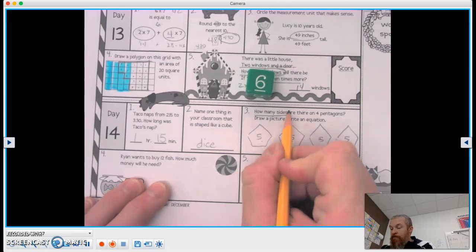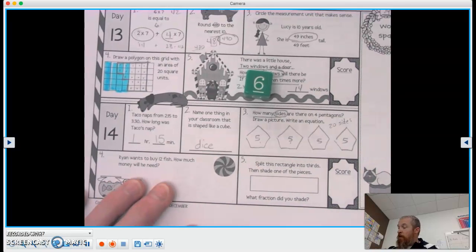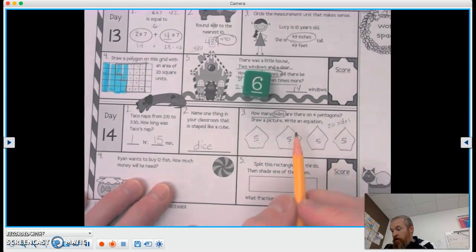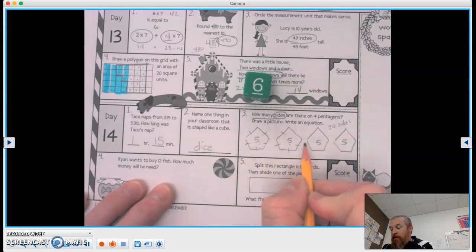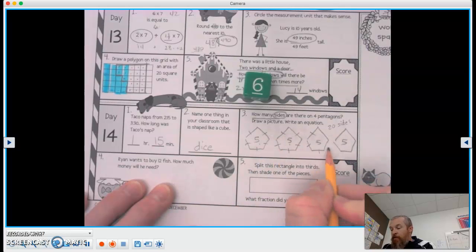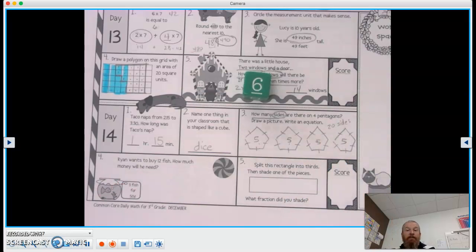How many sides? 20 sides. We can also count each individual one, right? 1, 2, 3, 4, 5, 6, 7, 8, 9, 10, 11, 12, 13, 14, 15, 16, 17, 18, 19, 20. There you go, 20 sides.